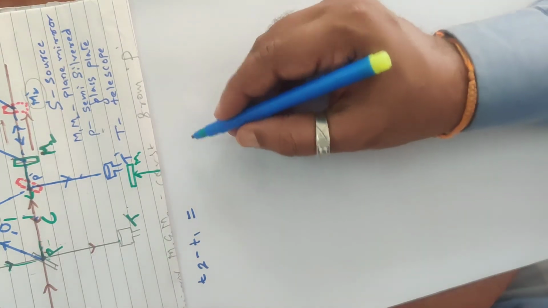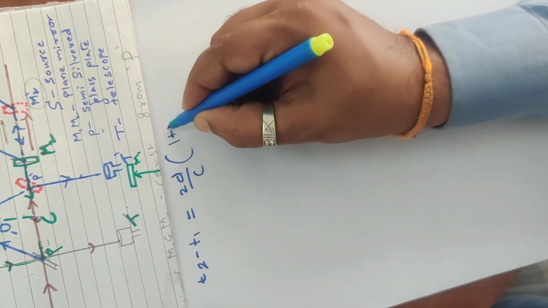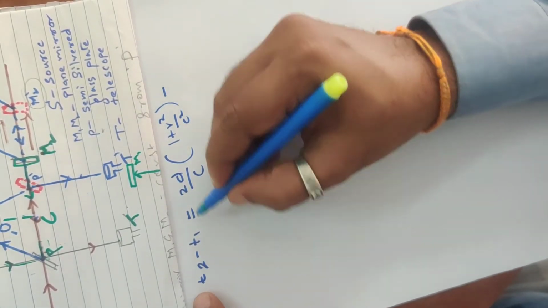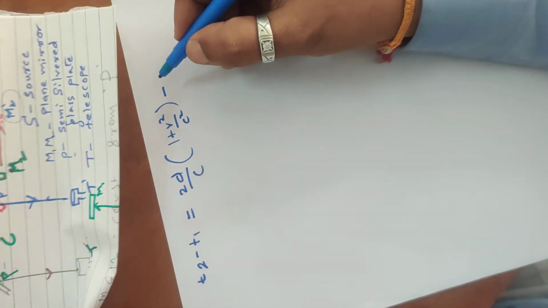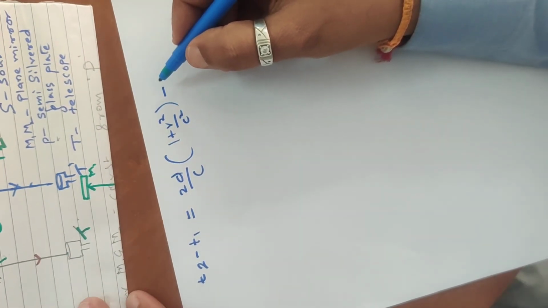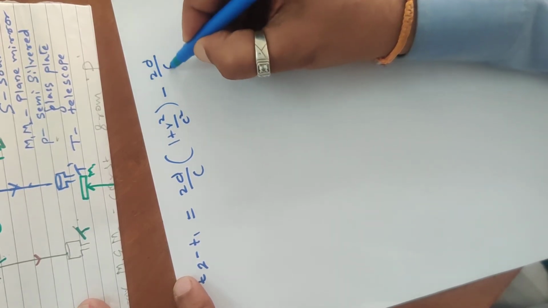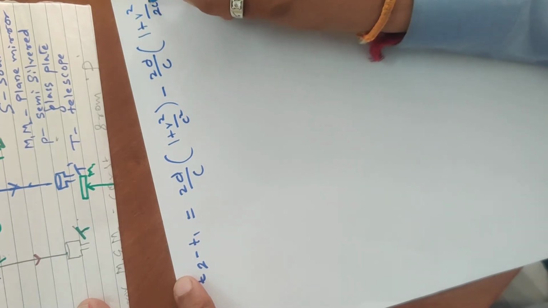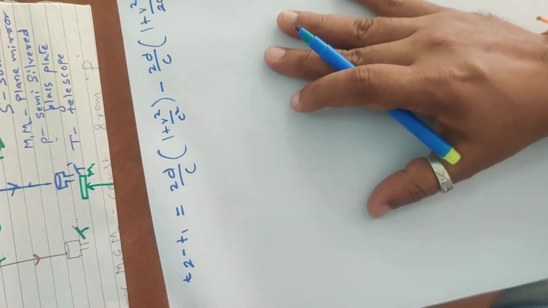The T2 formula was 2d upon c into (1 plus v square by c square). This we were knowing. Minus T1 was, it is P dash, that is nothing but minus 2d upon c into (1 plus v square upon 2c square). Right? This mathematical we know.